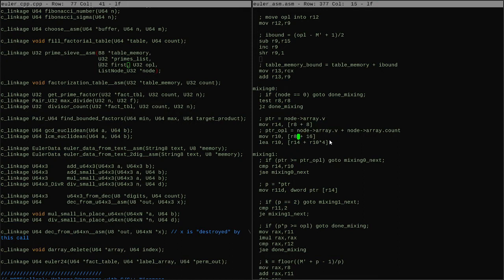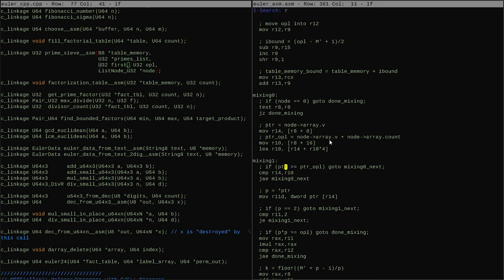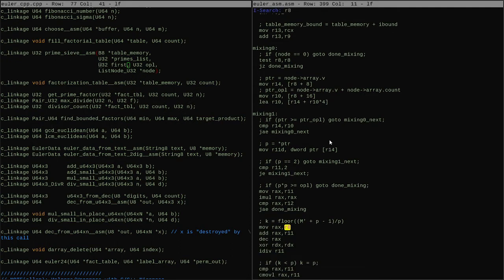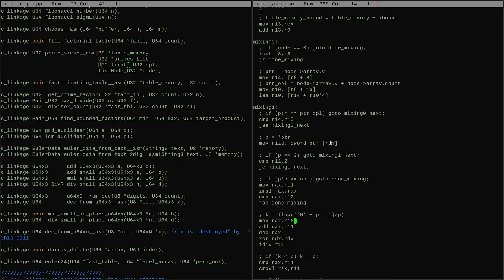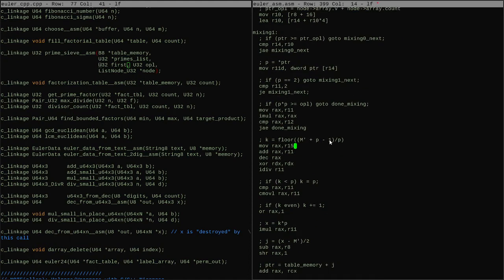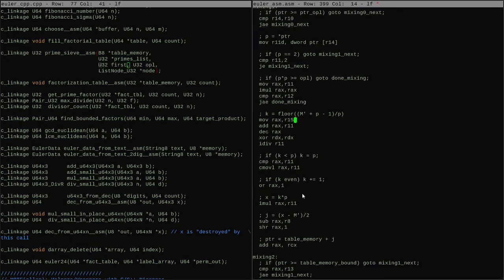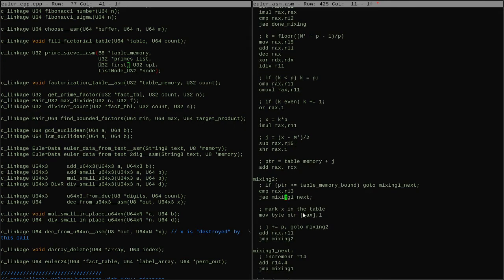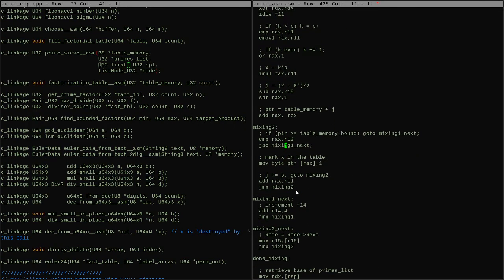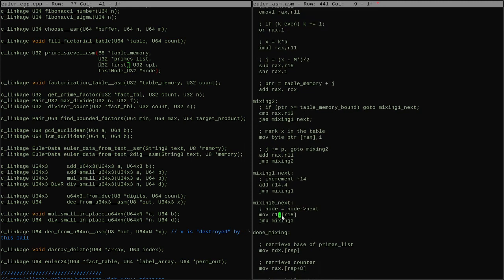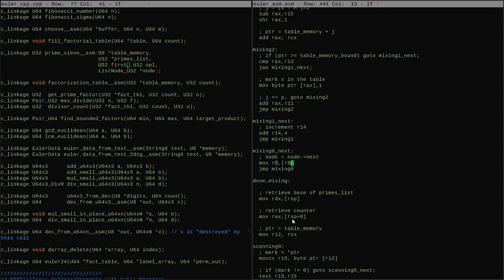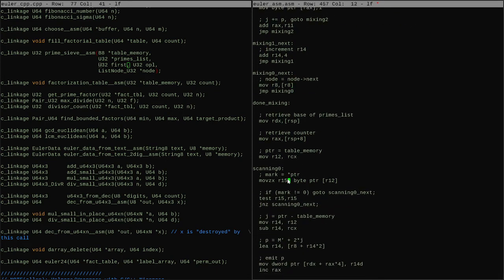R8. R8 is 15. R8 is 15. R15 is 8. R15 is 8.